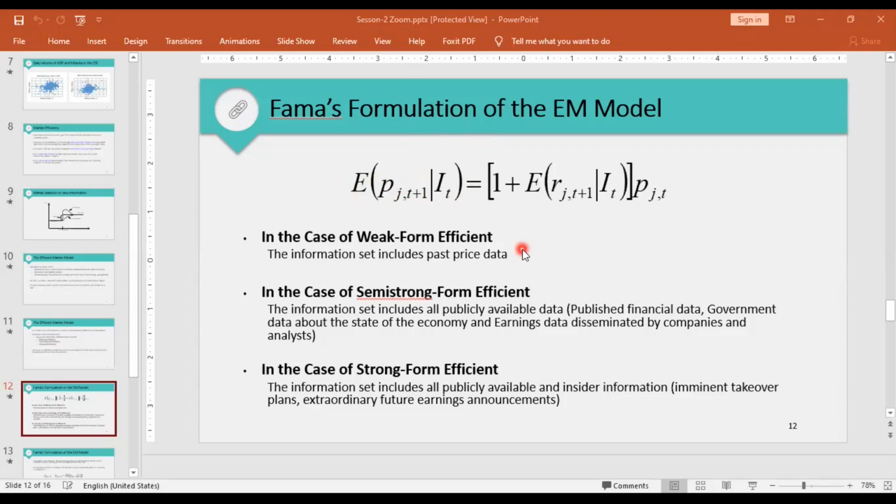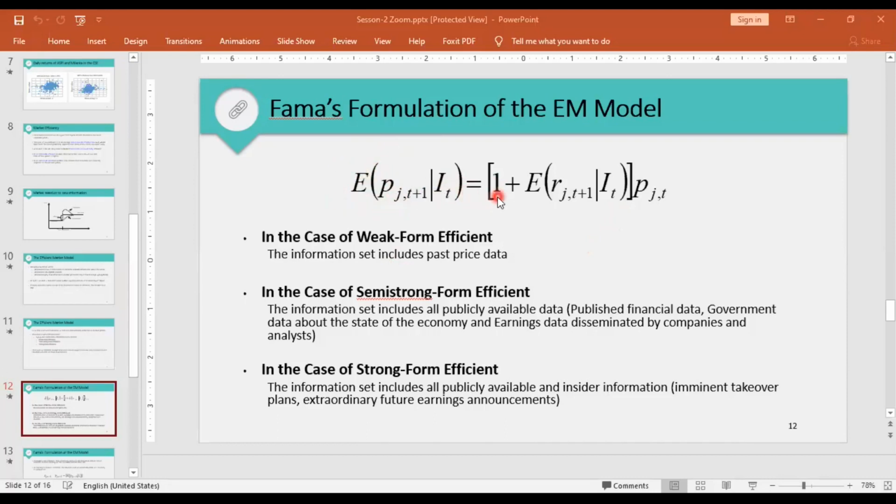So the expected price at the future date depends on IT. IT is the publicly available information right now, at this moment. So based on the publicly available information right now, the future expected price would be determined.